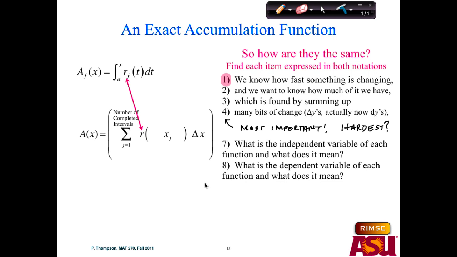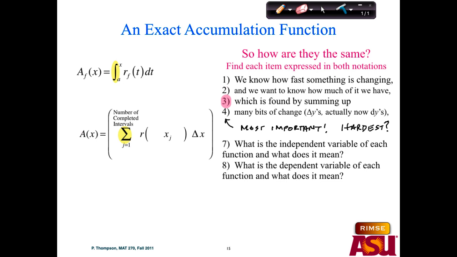And how's that expressed? How do we express the entire thing? With function notation, right? So you could just say the left side of each is how much change we have. That is the output of the function, or the dependent variable of the function, which is found by summing up. Where do we see summing up in the first one? Integral. Second one? Summation, right? This is the idea of summing up lots of bits of change.